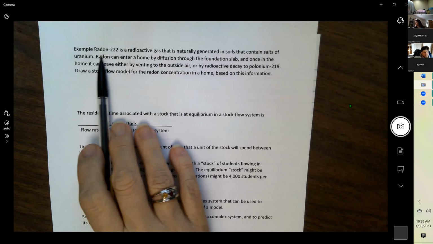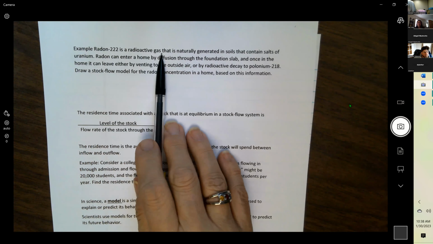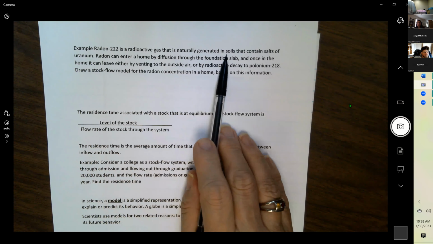Let's look at an example. Radon is a radioactive gas that is naturally generated in soils that contain uranium. Radon can enter a home by diffusion through the foundation slab. Once it's in the home, it can leave by vent to the outside air or by radioactive decay. So we want to do a stock model.